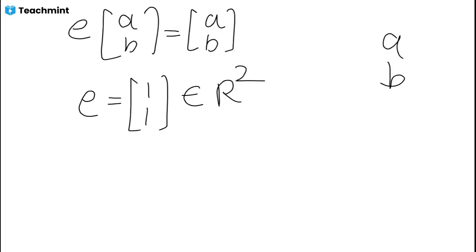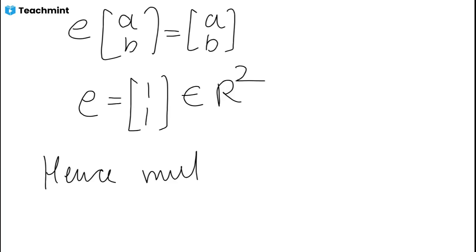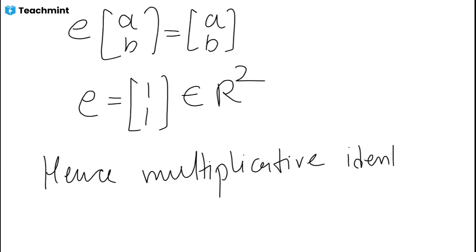That is why there must be an identity vector also. Hence, multiplicative identity exists.